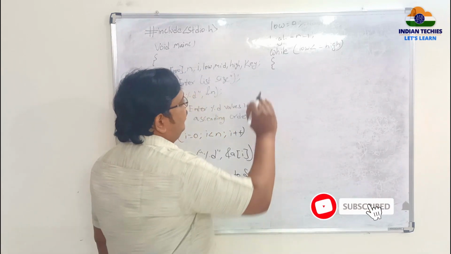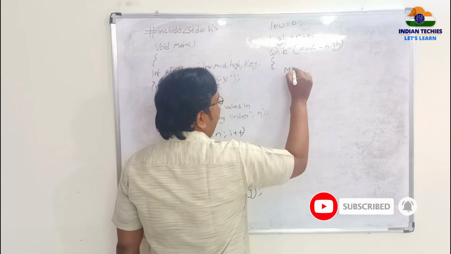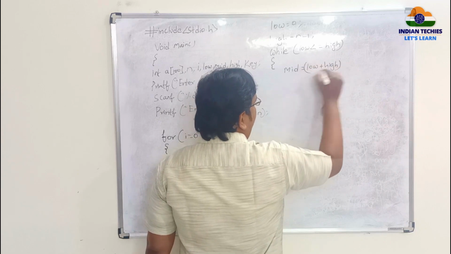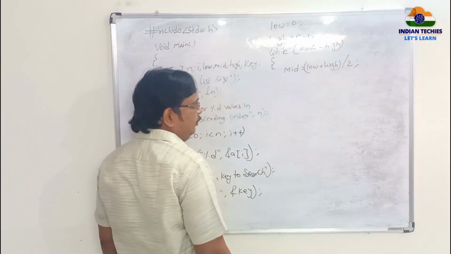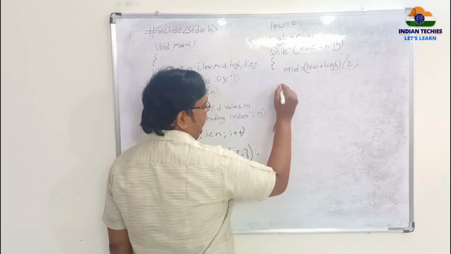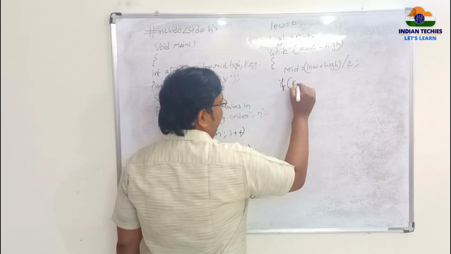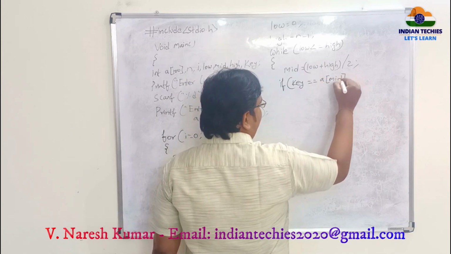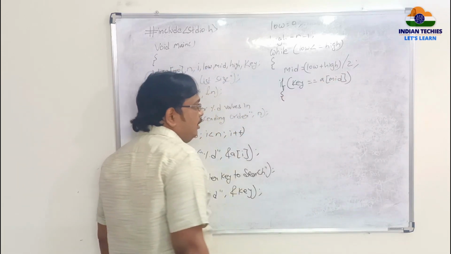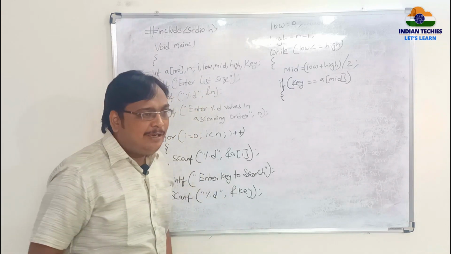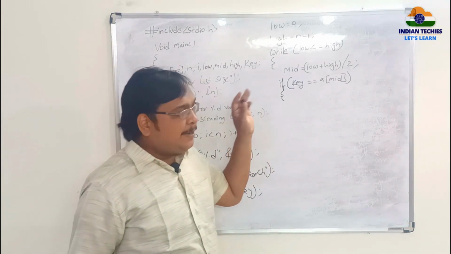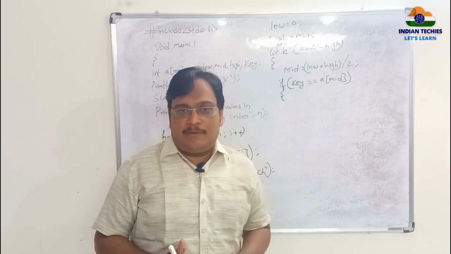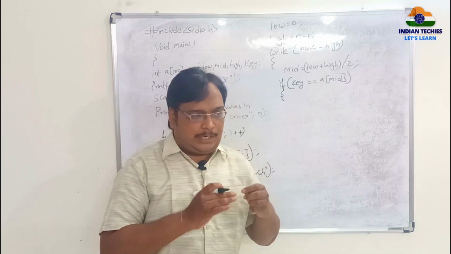Right? Now we already have low and high. So calculate the mid value. Mid is equal to low plus high by 2. Right? Now start your comparison. That is, if your key is equal to a of mid, then here we will not understand whether the loop has stopped after finding the element or after ending all the list comparisons.